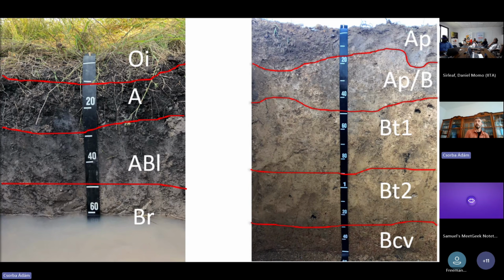And when we are able to identify which soil forming process is responsible for the development of these horizons, we can add these kind of codes that you can see on the slide: the capital letters O, A, B, and small letters like the P, the T, and the C, the V. So these are basically those designations that indicate which soil forming process was active or has been active in the soil profiles in the soils, and this is the horizon designation.